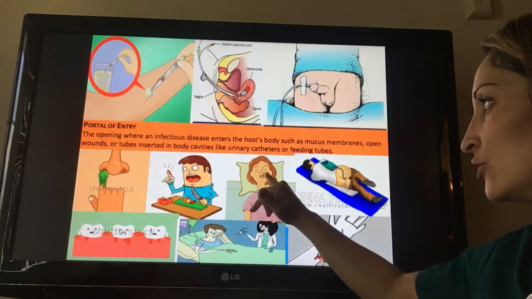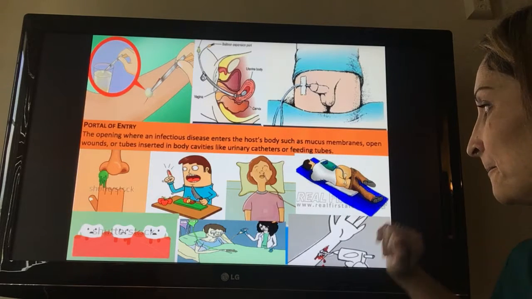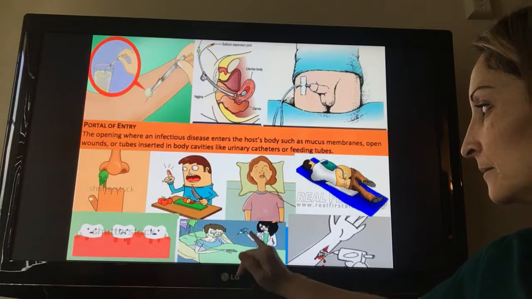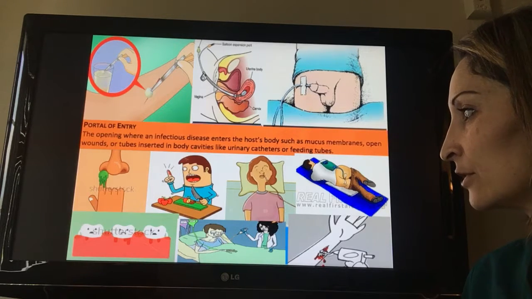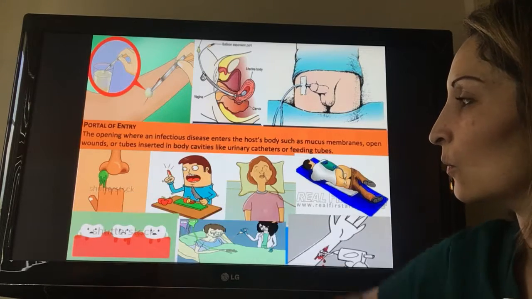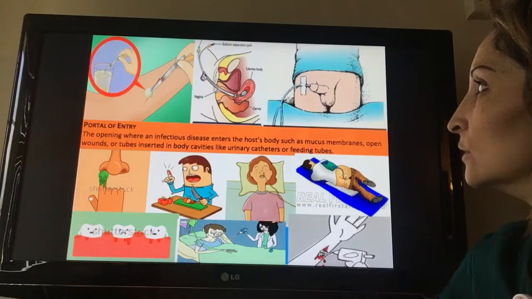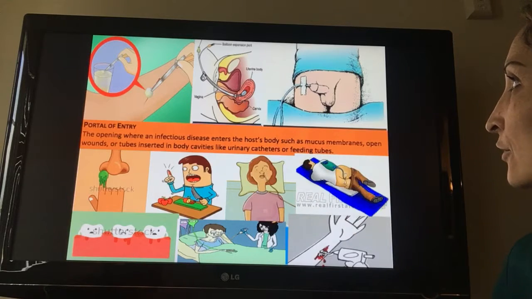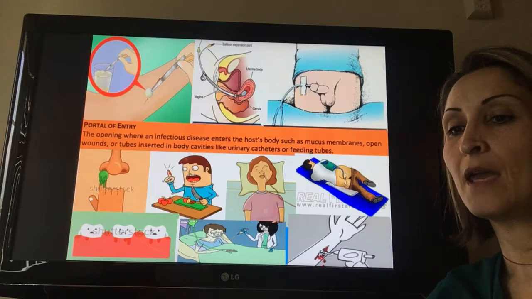This is an NG tube. This is doing a VE. Here we have also catheters. We have here mucus, wounds, another catheter, and another catheter, and open wounds.